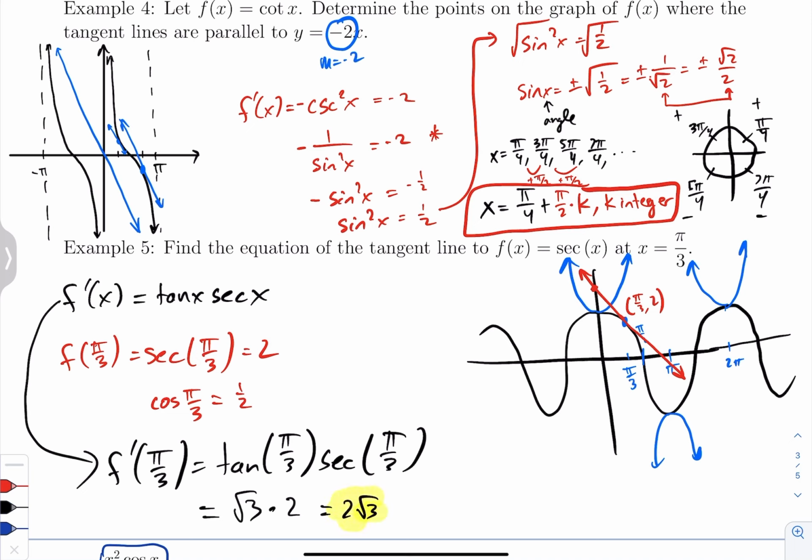Well, that doesn't make sense. Our slope should be negative. Why do I have a positive value? Maybe my graph is wrong.